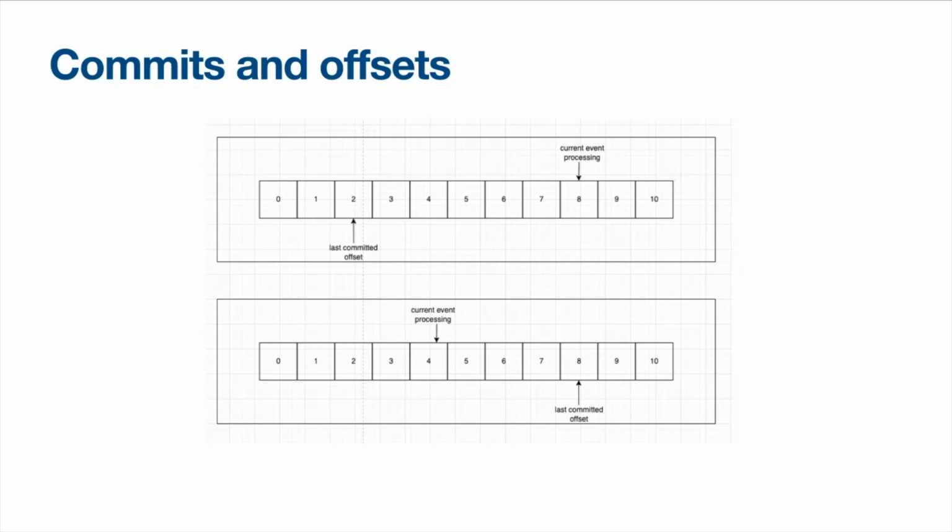and if it is restarted, with auto offset reset equal to latest, then since the last committed offset is 2, you will be processing 3 to 8 again, thus inducing duplicates in your consumer application.